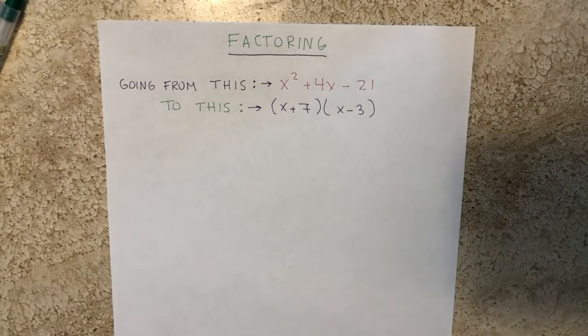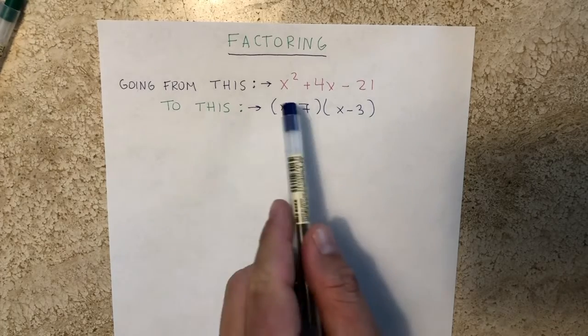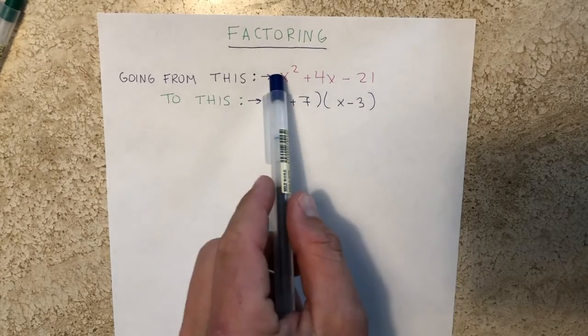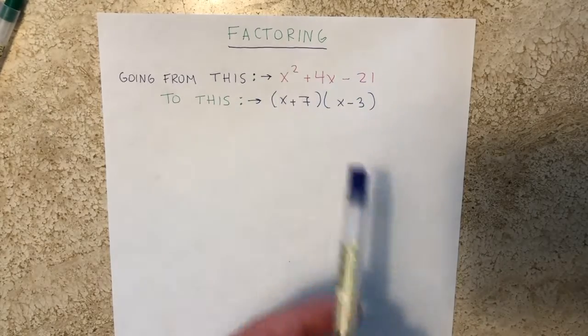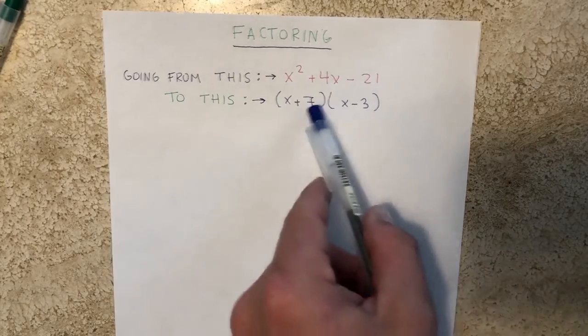Obviously, there's times where it gets hard, but that's when you got to put your noggin to use and work a little bit harder, but you will get the right answer. So in general, factoring is going from something like this, a polynomial, something with x's and maybe x squareds and numbers, into a set of parentheses.